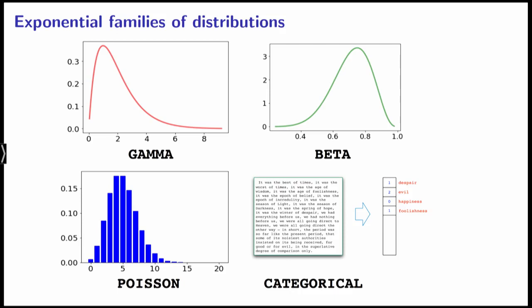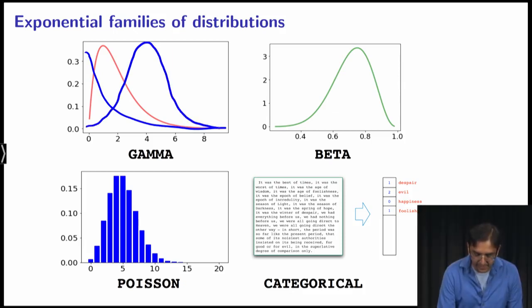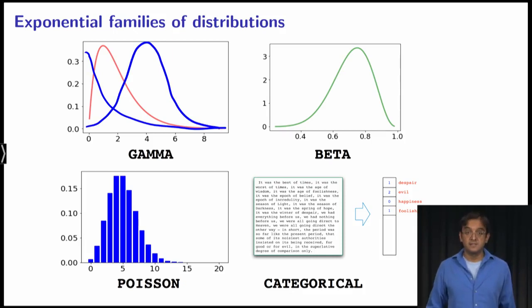So the gamma is specified by two parameters, just like the Gaussian. And as you vary the parameters, you can get a lot of different shapes. You can get something like the red curve shown over here, or you can get something like this. You can get something like this, and so on. You might have heard of the exponential distribution or the chi-squared distribution.